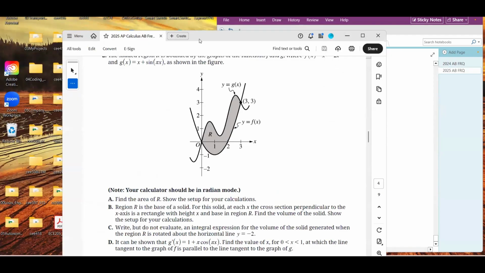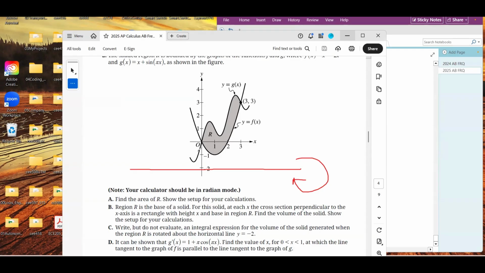Imagine we have some sort of line here, and we're trying to rotate this shaded region around it.